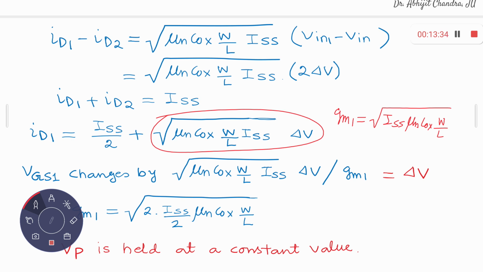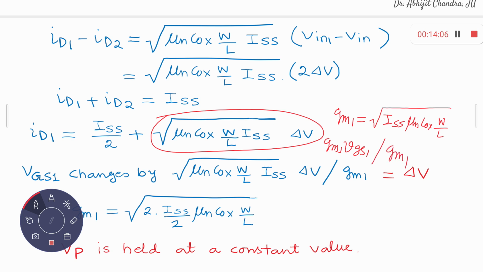So from that you can calculate your vgs1, the gate-source variation. The source is not constant, we will come to that. We know that this entire thing is gm1 vgs1. So if you would like to find the change in vgs1, it is this entire thing upon gm1.